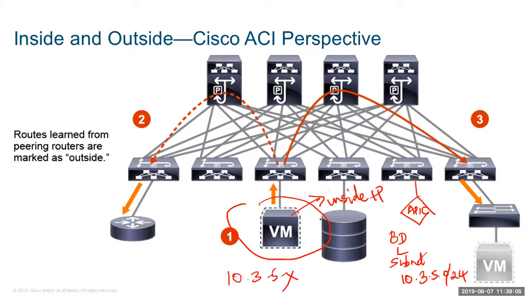It originates from an IP space which is defined within the tenant. The source is an inside entity. Well, my leaf is going to look at the destination. What is the destination is a 10.3.8.12, and the bridge domain, that's bridge domain 1, bridge domain 2 has 10.3.8.0/24. Destination is also an inside entity.